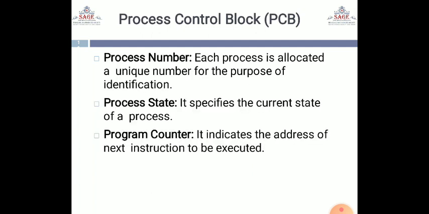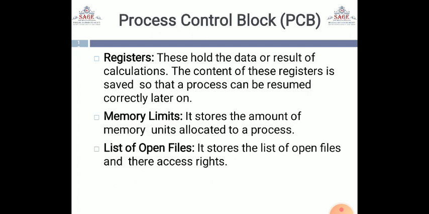Okay, so here is the description. Process number: each process is allocated a unique number for identification. Then process state: it specifies the current state of the process. Program counter: it indicates the address of the next instruction to be executed.